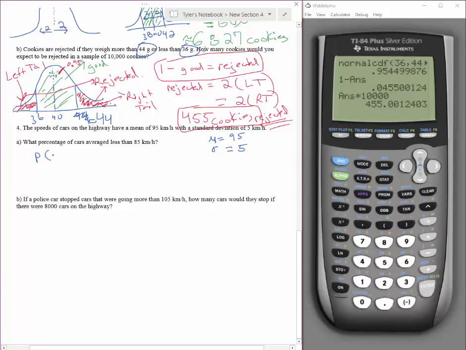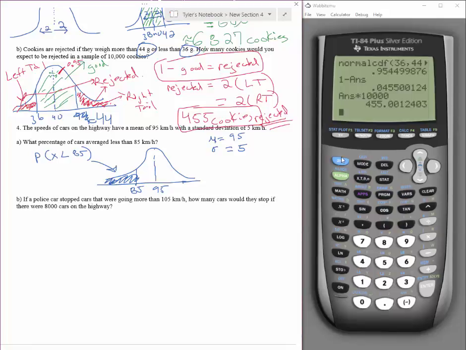We want to know the probability that x is less than 85. So here's my picture, my curve. My mean is somewhere here, 95. But I actually want to find the area to the left of 85. So this probability is that shaded region.